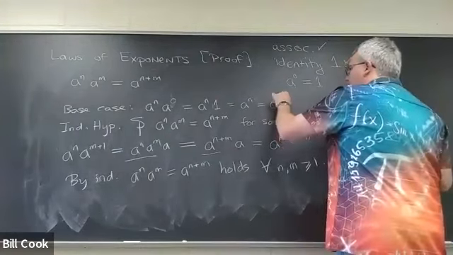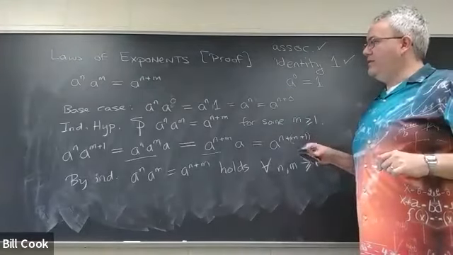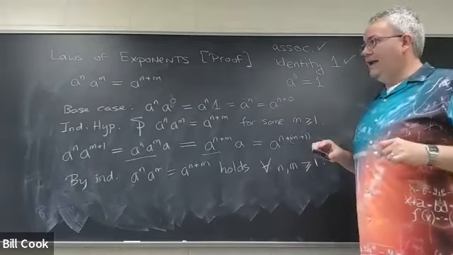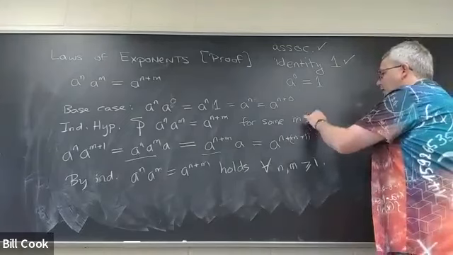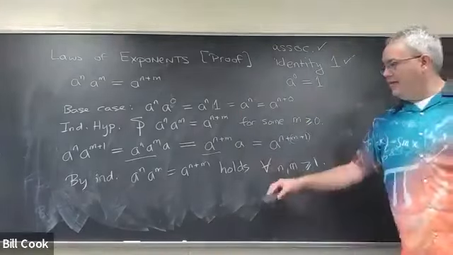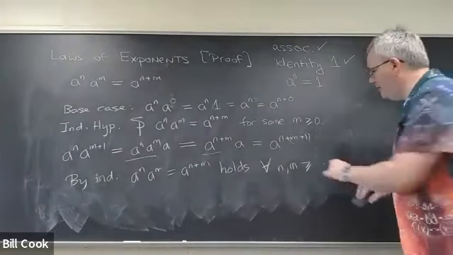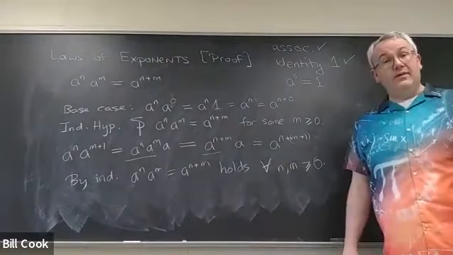And so this is a to the n plus 0. And there we go. This now holds for m equals 0. Now assume this holds for some m greater than or equal to 0, and the rest of the proof goes through, no problem. But now we can say this holds for all n and m greater than or equal to 0.